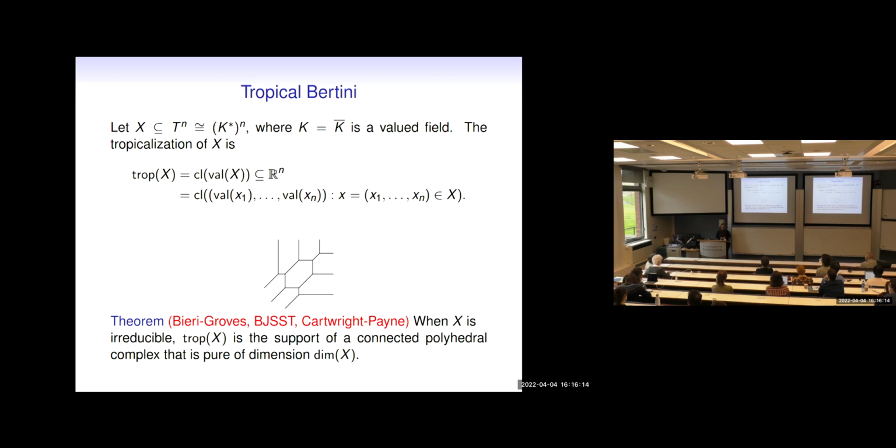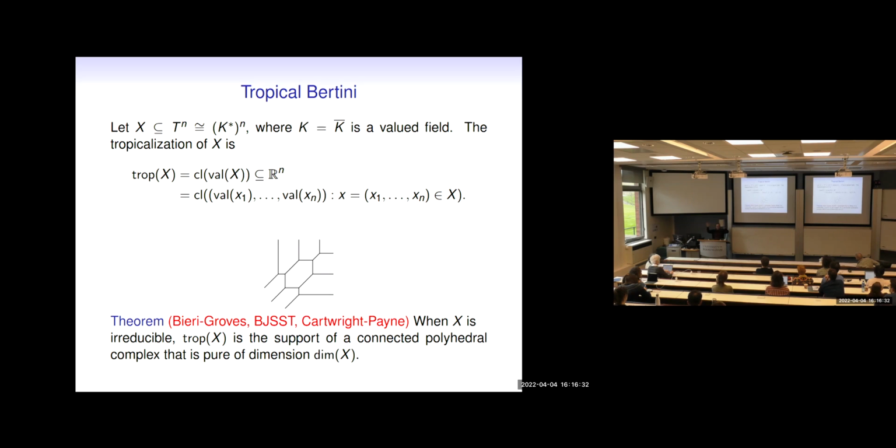So I'm going to start with a subvariety of a torus, working over a valued field. As long as my field is algebraically closed and non-trivially valued, the tropicalization of X is just going to be this: I'll apply the valuation to each coordinate.